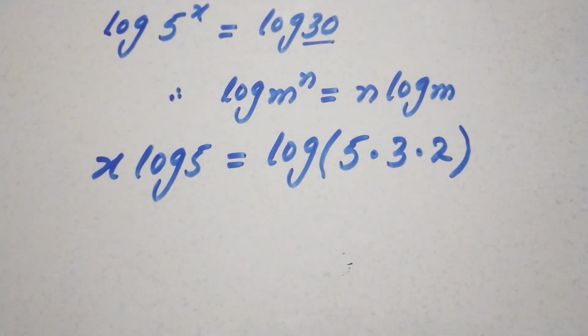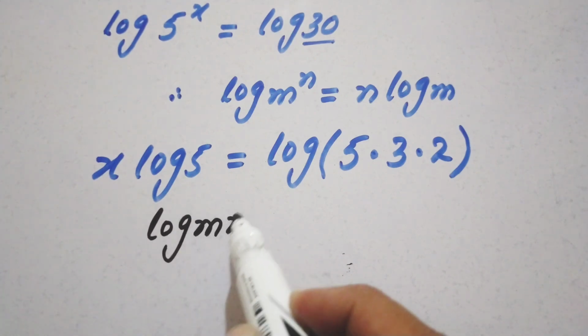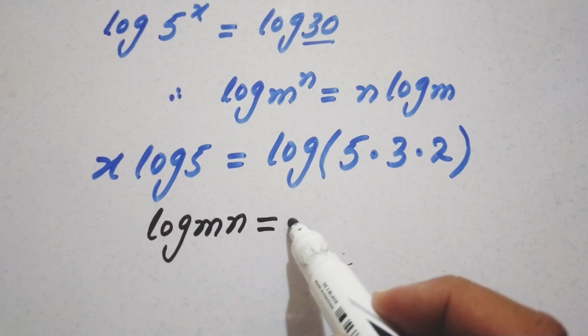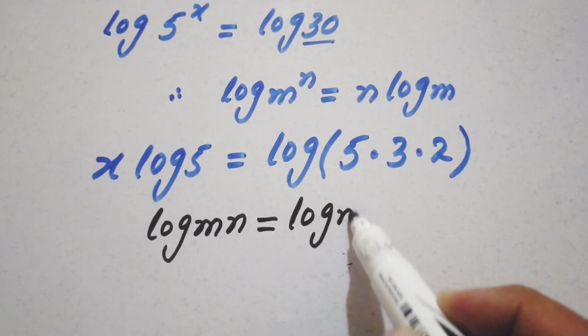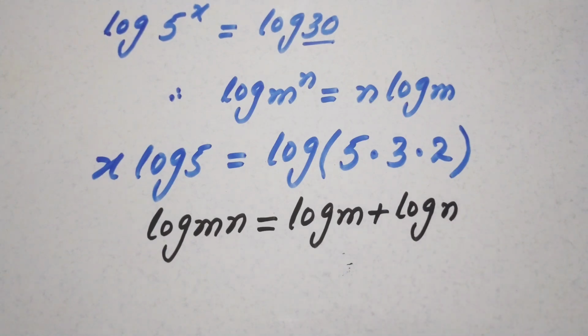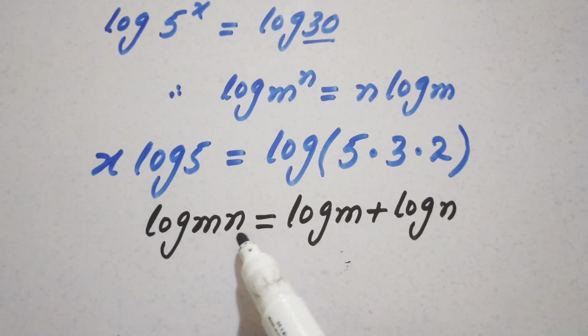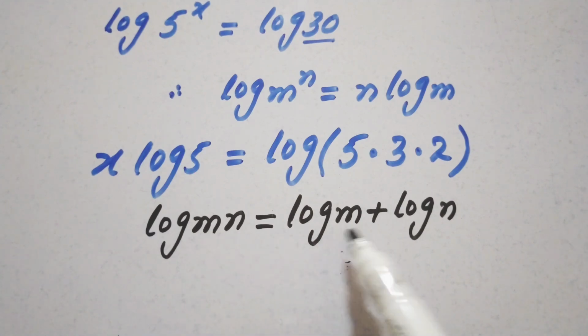Now another logarithmic property we will use here: if we have log of m multiplied by n, this is equal to log of m plus log of n. Or if we have another number, log of m, n and p, this will become log of m plus log of n plus log of p.